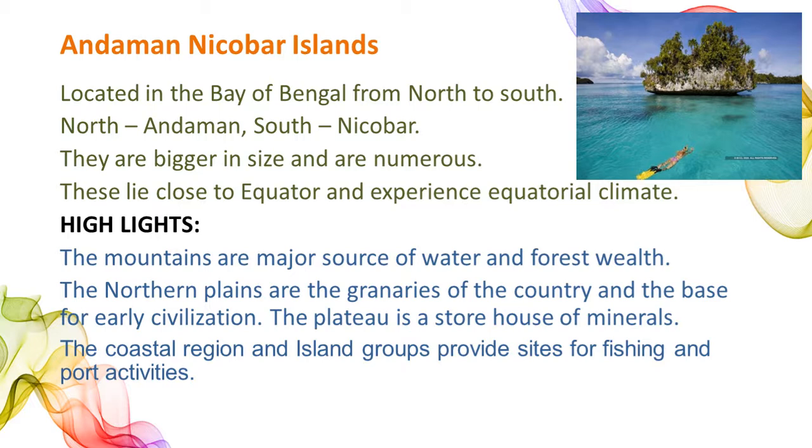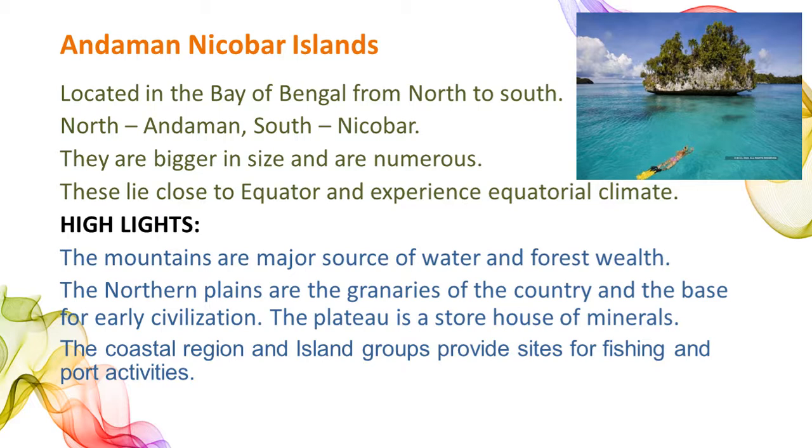It is believed that Andaman and Nicobar Islands are a group of 160 islands. The entire group is divided into two broad categories: the northern part is called Andaman and the southern part is called Nicobar Islands.